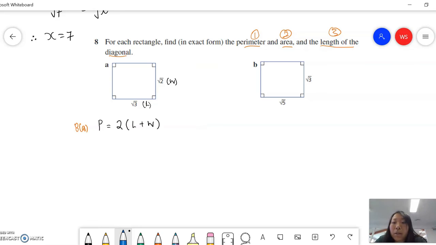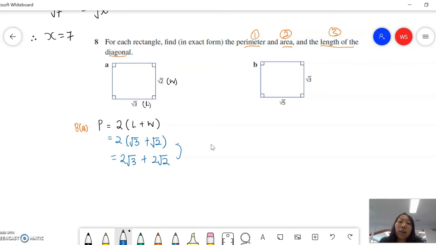As your perimeter, on the next step, you will plug in the values of your length being square root of 3 plus square root of 2 for your width. You might be tempted to try to solve whatever is in your brackets here, but unfortunately, these are not like surds, so we can't do anything with them. So you could leave your answer as 2 times the sum of square root of 3 and square root of 2, or you can expand that to 2 square root of 3 plus 2 square root of 2.